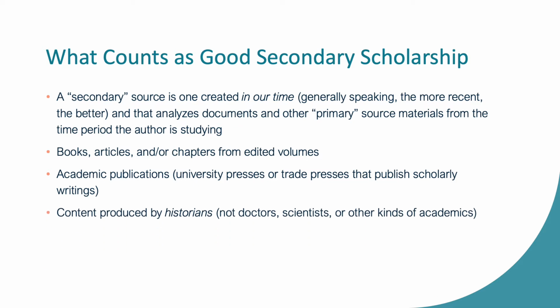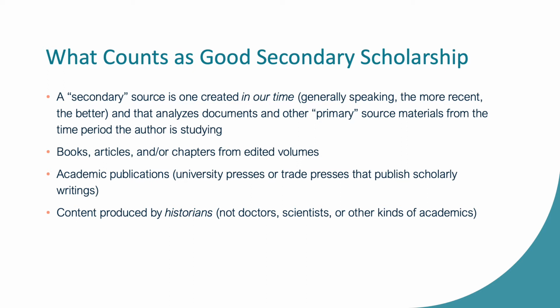A thing to watch out for: you should try to make sure that the articles, books, book chapters that you find are all written by actual historians. One way to do that is to do some research on the individual authors you come across in your search for these various forms of content.